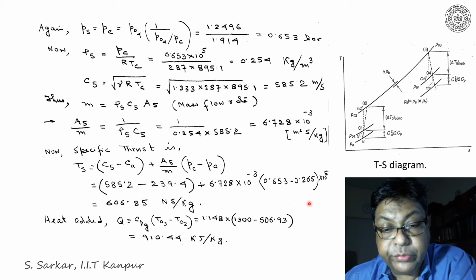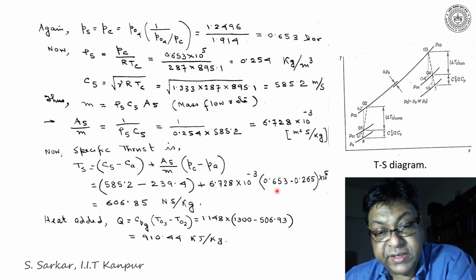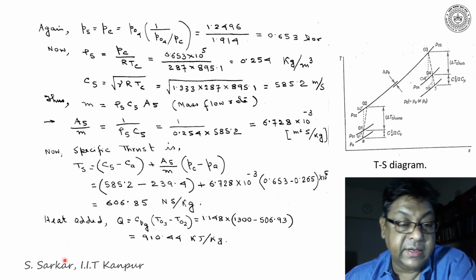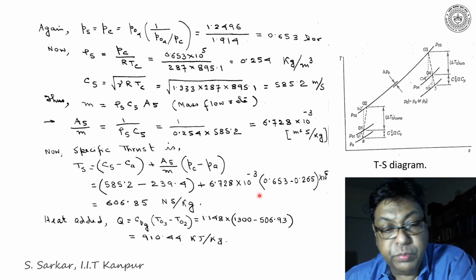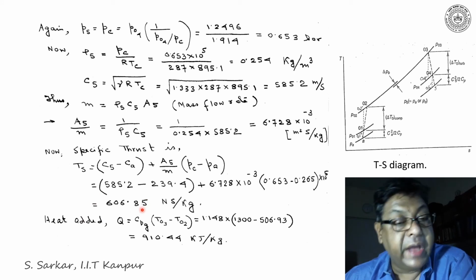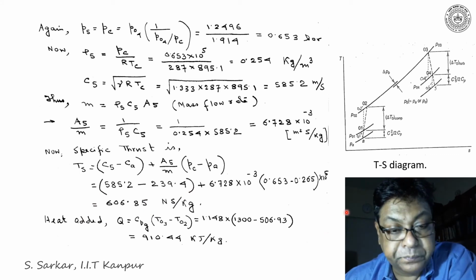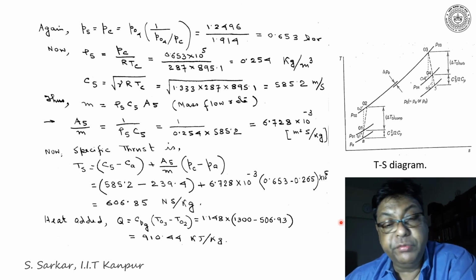I know all the values, C5, Ca, Pc, Pa, and A5 by M I have just evaluated. Thus, when you do this numerical calculation, you will get 606.85 Newton second per kg. Thus, I have got the specific thrust now. That is 606.85 Newton second per kg.